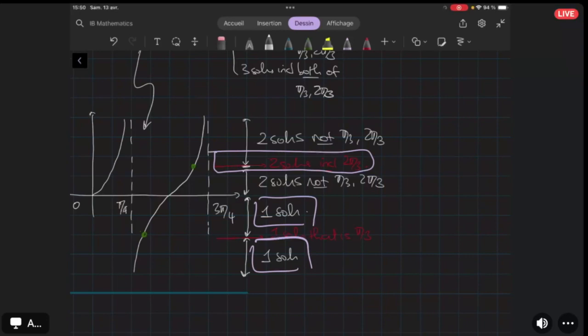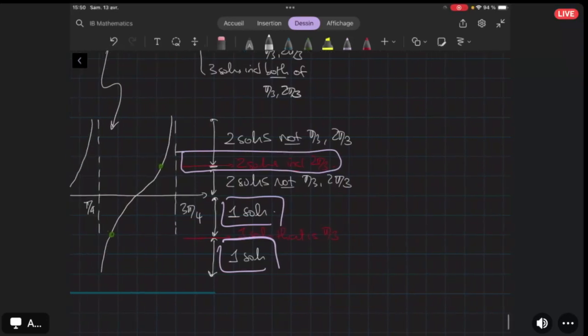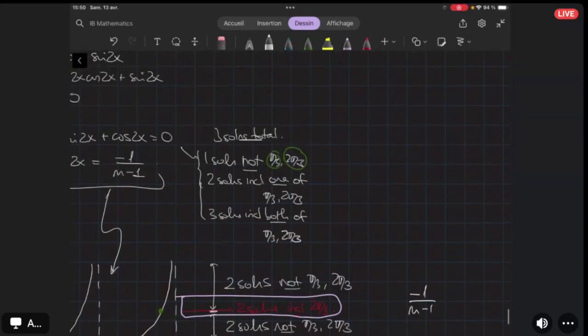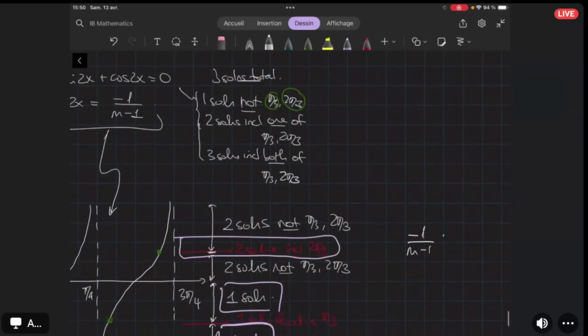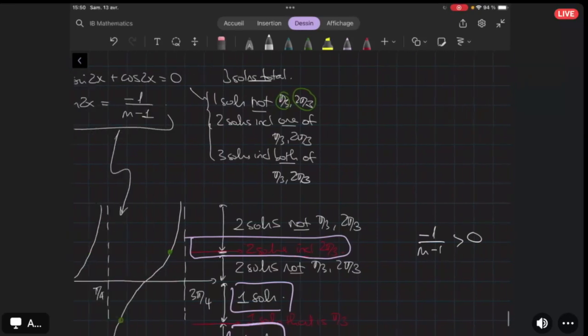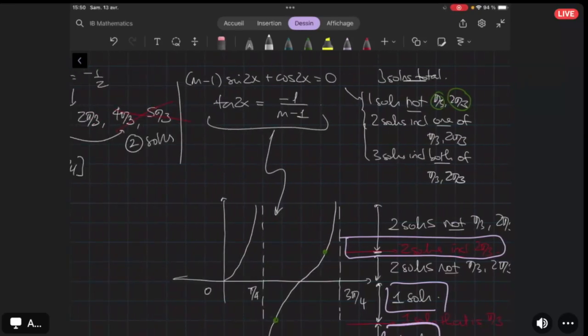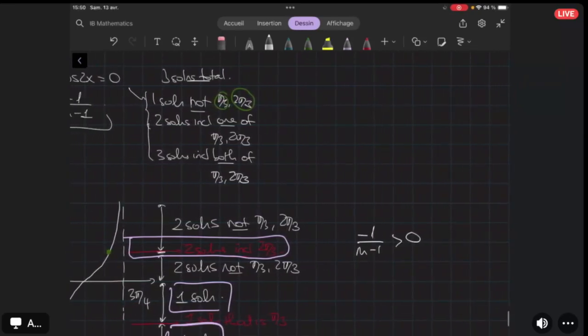All right, so case number 1. Negative 1 over m minus 1 is positive. Wait, no, sorry. Case number 1.